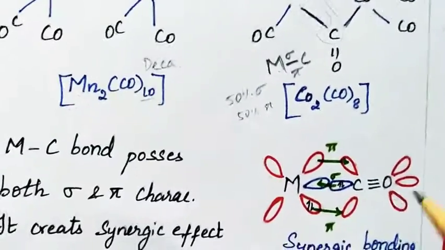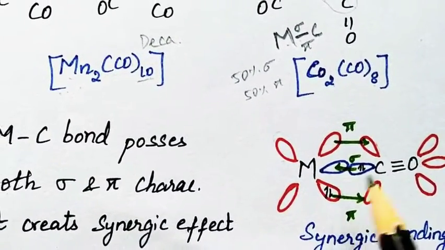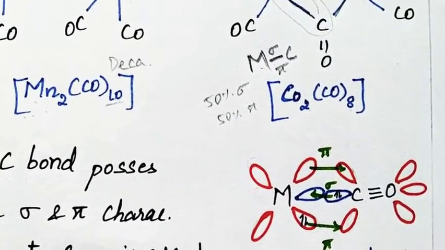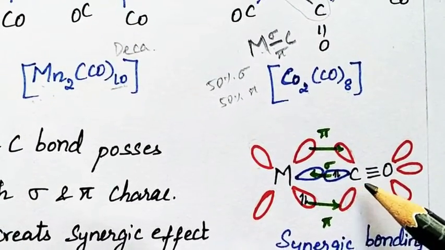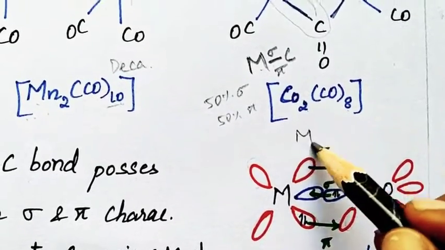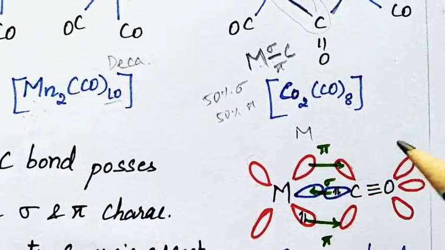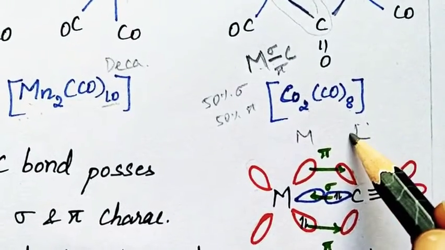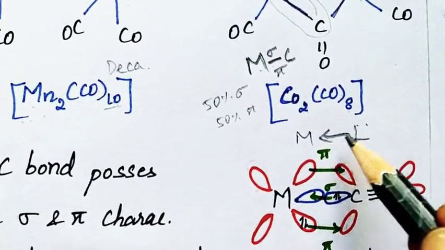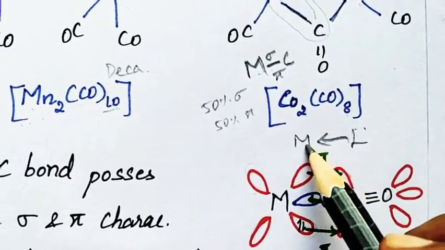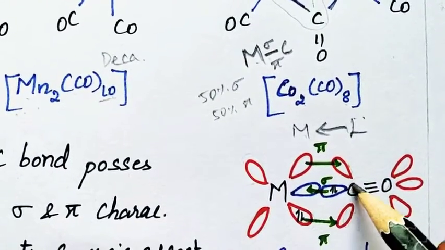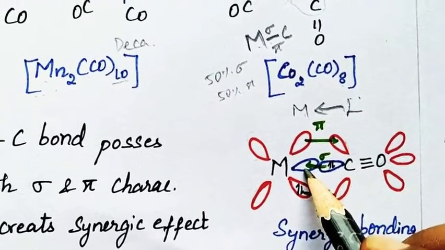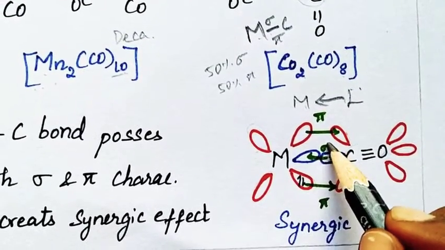See here children, in this picture I have drawn only one metal carbonyl bond. We know the metal is an electron deficient species, whereas the ligand is an electron rich species. So the ligand donates a pair of electrons to the metal atom, and this forms the sigma bond.